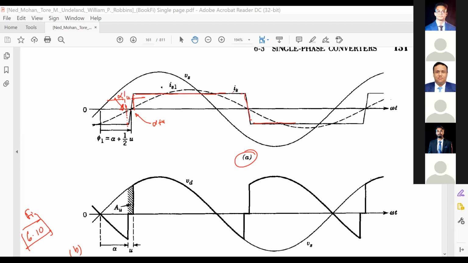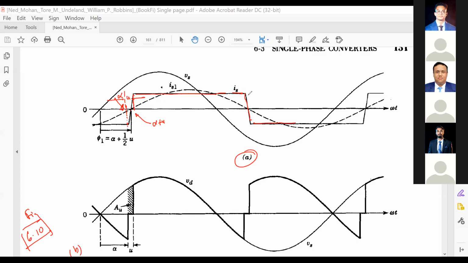And trapezoidal nature is very much close to, better than rectangular, if you compare with the sinusoidal. Which will contain less harmonics, trapezoidal or rectangular? Trapezoidal will contain less harmonics, right?